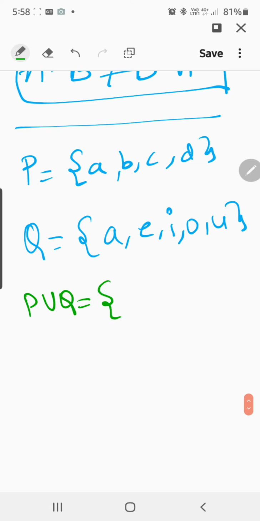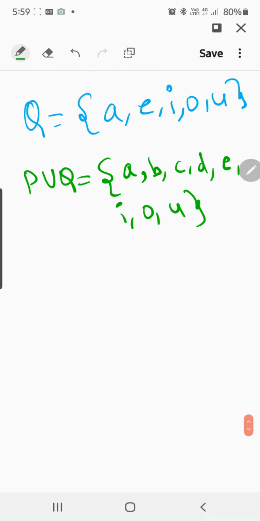Whatever the elements that are present in P and Q, we have to write here, irrespective of repetition. So A is common, but we are writing only once. Then B, then C, then D, then E, then I, O, U. This is how you perform P union Q.